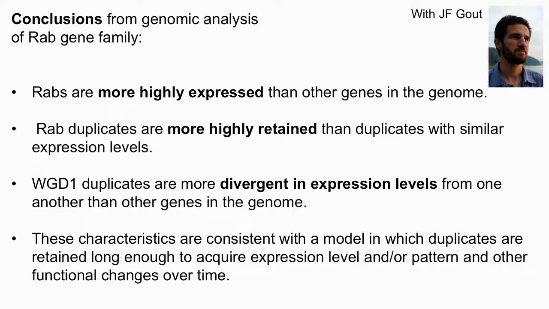They're also more highly retained from the whole genome duplications. And interestingly, their expression levels between the duplicates are less correlated, so they're more divergent in expression levels from one another. These 3 things together are consistent with a model in which the duplicates are retained long enough to acquire expression level and/or expression pattern or other functional changes over time. So this may set them up for further functional change.